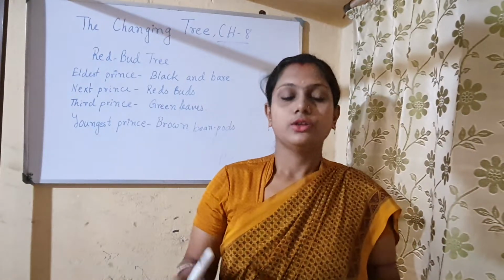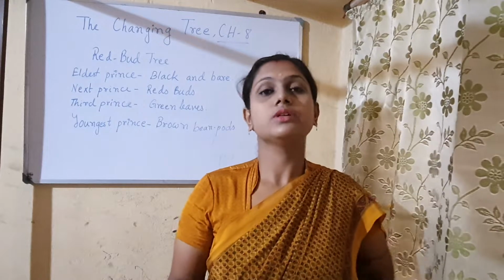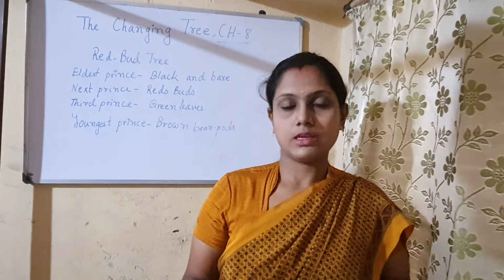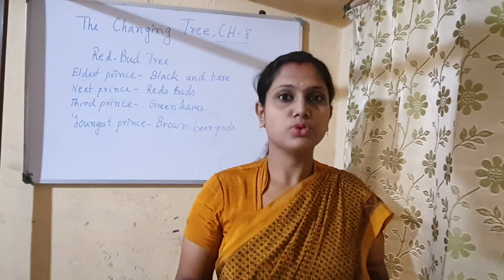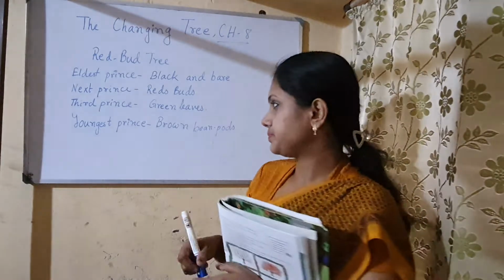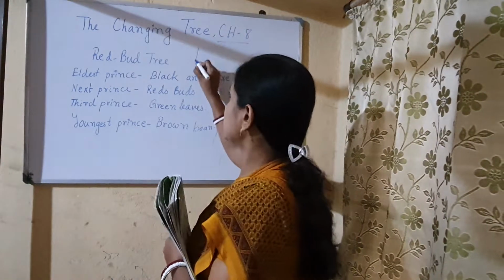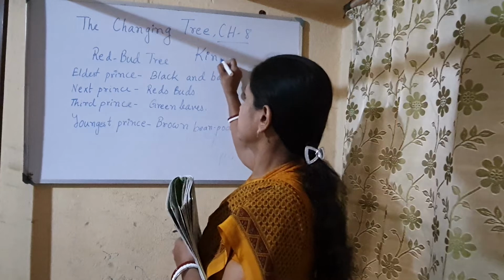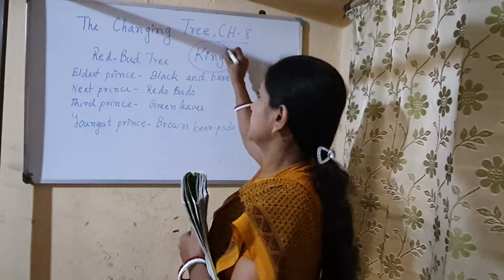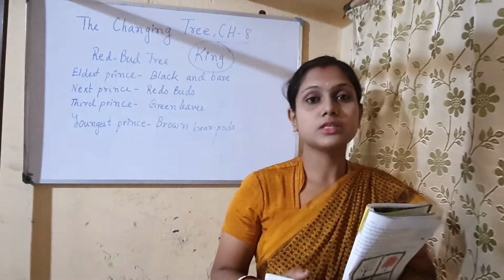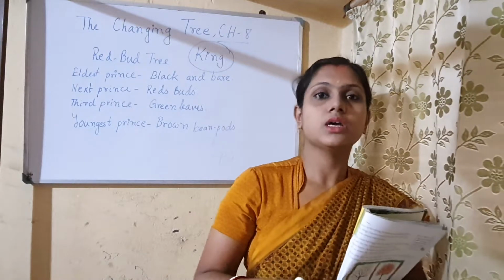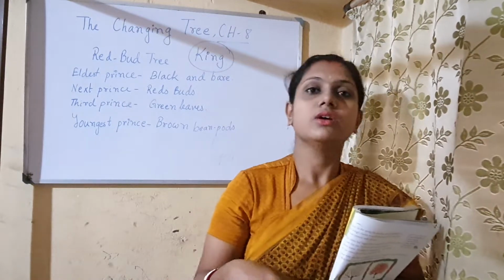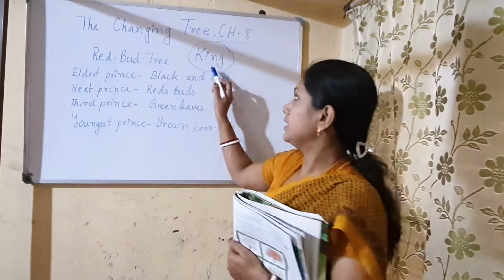Okay, so here in this story you will see there are 4 princes. Now who are called princes? You know that king. Who is called king? King means the person who rules the nation or rules any region or kingdom, that is called king.